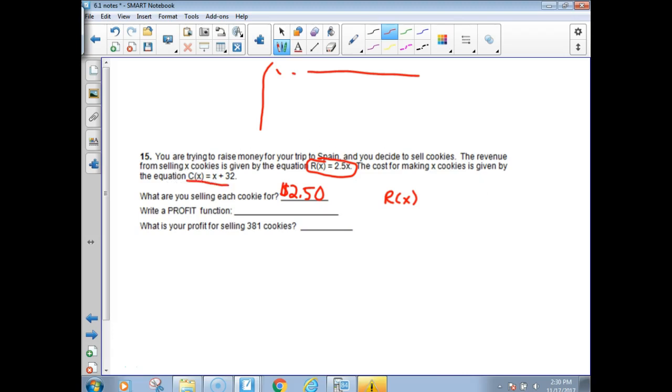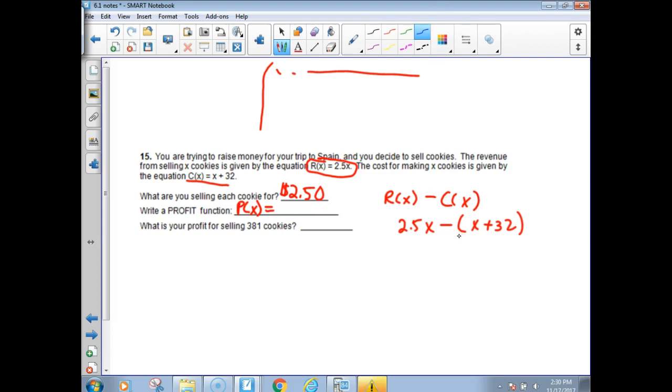So if your cost equation is x plus 32, what would we do to get a profit function P of x? You'd need to take your revenue minus your cost, right? So we have to take our revenue of 2.5x and subtract from that the x plus 32. Now, I have to put that in parentheses for a good reason.